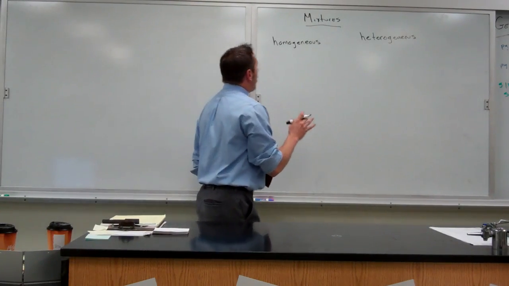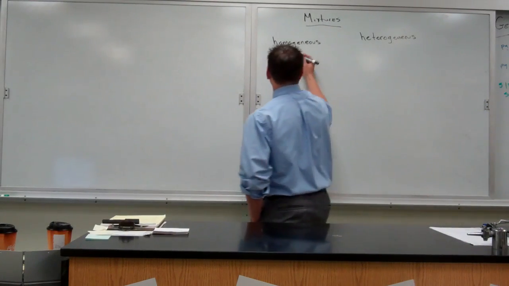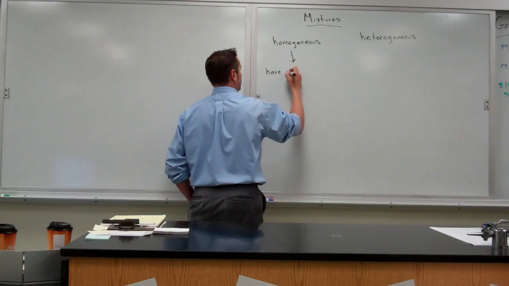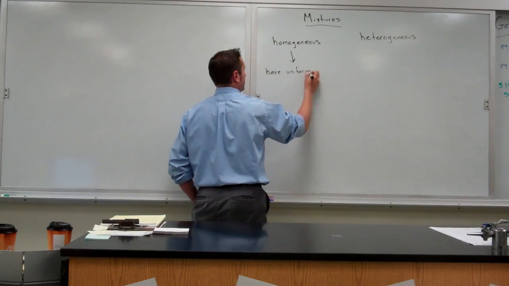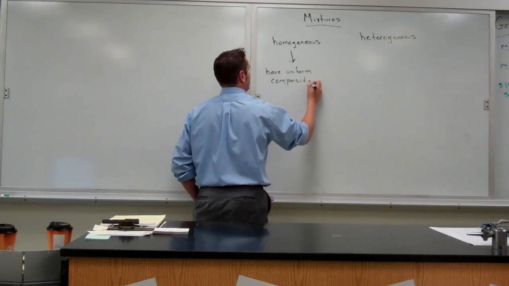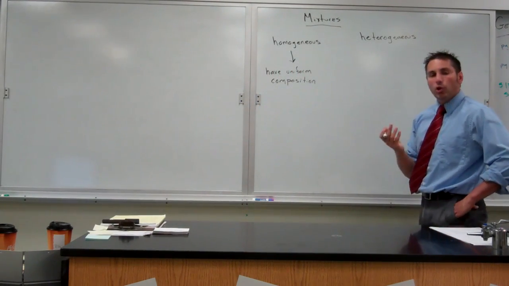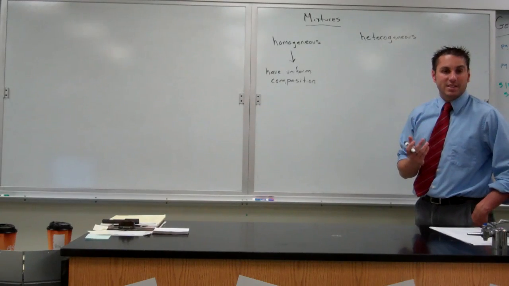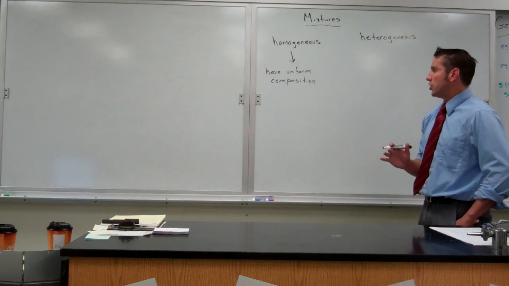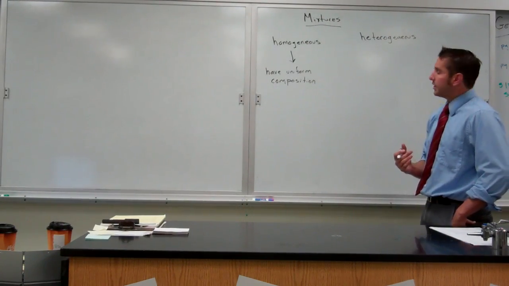Homogeneous mixtures are made up of particles that are so small that they have uniform composition. What that means is that if I were to look at it, it would appear to be one substance, and I would not be able to see the individual pieces of the mixture unless I had some type of experiment going on where I'm able to isolate those things.